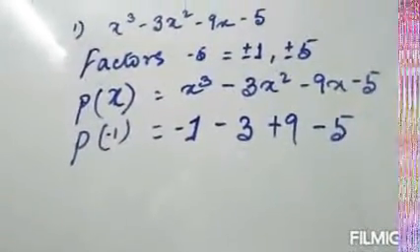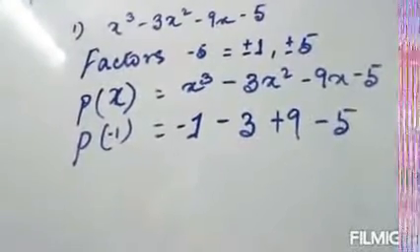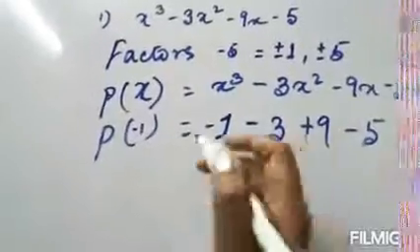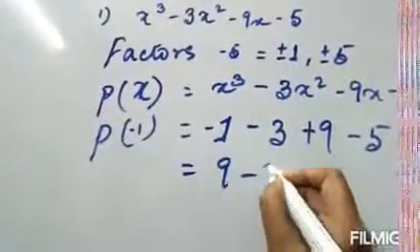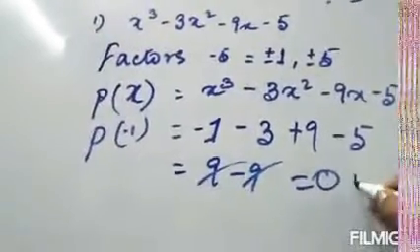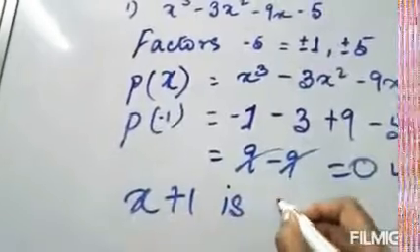Now what value comes? You see, minus 5, minus 3 and minus 1 makes minus 9. So 9 and minus 9, so we can say the value is coming as 0. Which means x plus 1 is a factor.